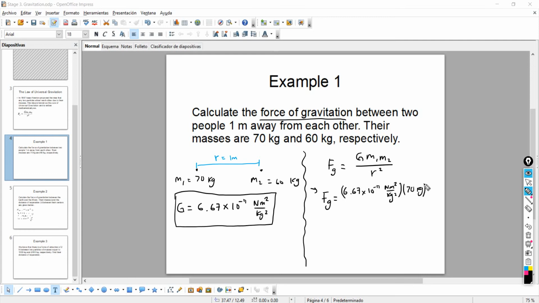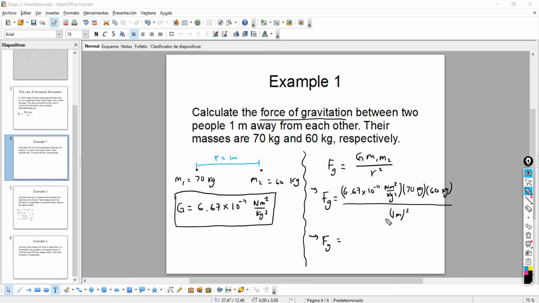And then the mass 2, which is 60 kilograms, divided over the distance of separation, r to the square. So 1 meter to the square. Okay, and that's it, guys. All we need to do next is just perform this arithmetic, this value times this value times this value over 1 to the square, and I'm done.